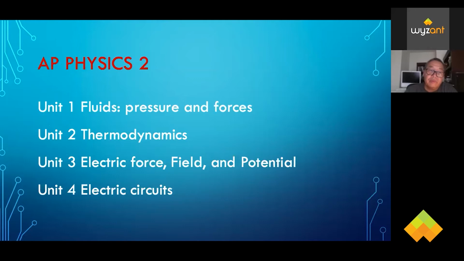So AP Physics 2 has 7 units in total. Unit 1, that's fluids, including pressure and forces. Unit 2, that's thermodynamics. Unit 3, that's electric forces, field, and potential. Unit 4, that's electric circuits.